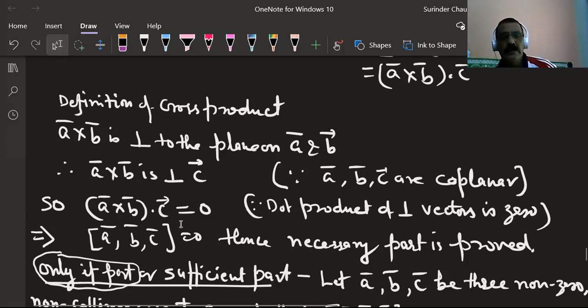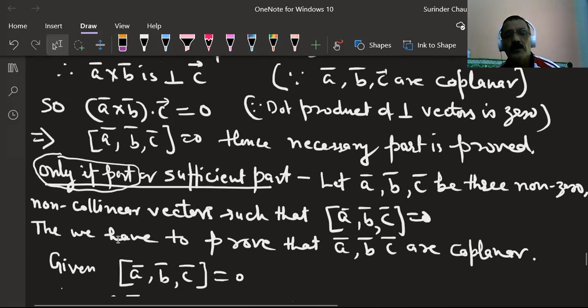So the scalar triple product of three vectors equals 0. Hence, if three non-zero and non-collinear vectors are coplanar, then their scalar product is 0.